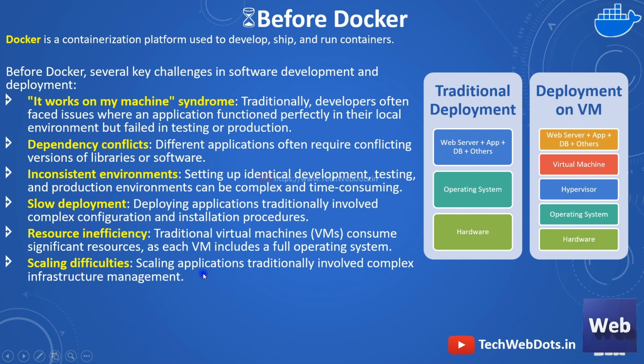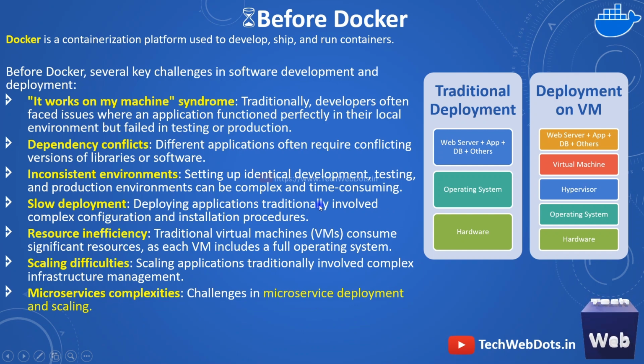Sixth, scaling difficulties. Scaling an application traditionally involved complex infrastructure management, because when there is demand you have to scale your infra, and when there is low demand on the service, you have to decrease the infrastructure. So those difficulties also existed before Docker. Seventh, microservice complexities, meaning challenges in microservice deployment and scaling.